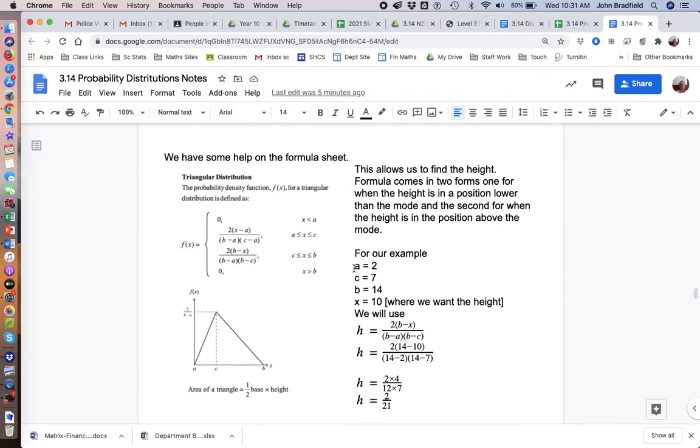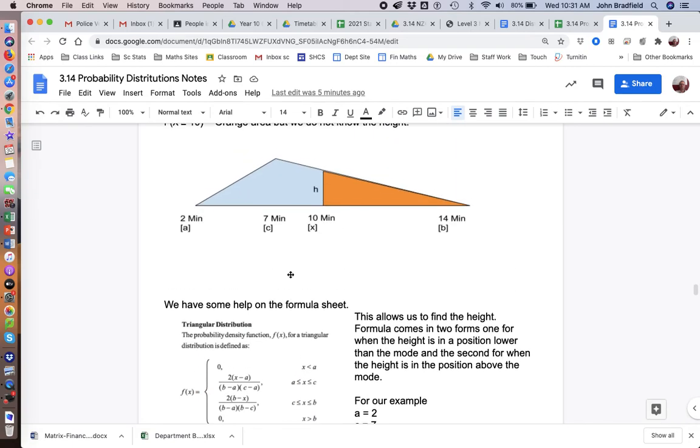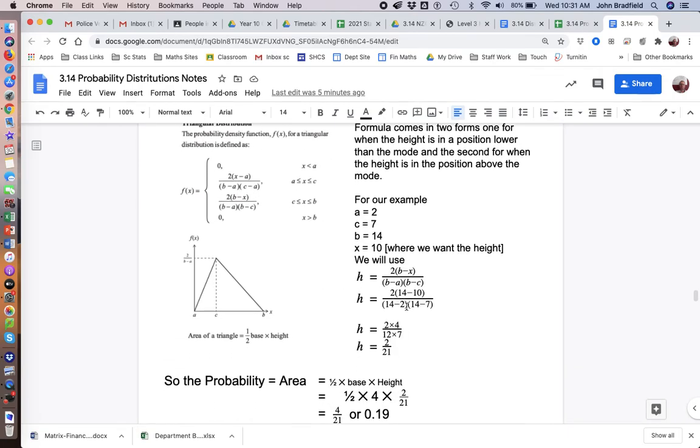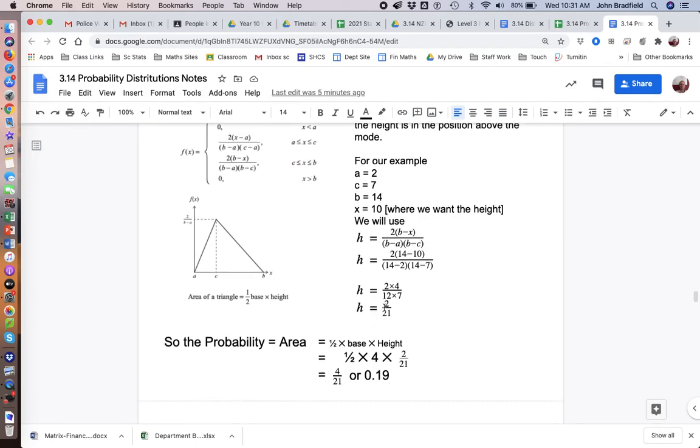So in our example, a is 2, c is 7, b is 14, and x is 10 because we want to know the height exactly at 10. We sub that faithfully in. Remember, brackets come before multiplication, so we get it simplified and we get the height is 2 over 21. So the probability is always equal to the area of the triangle, which is always equal to half times base times height.